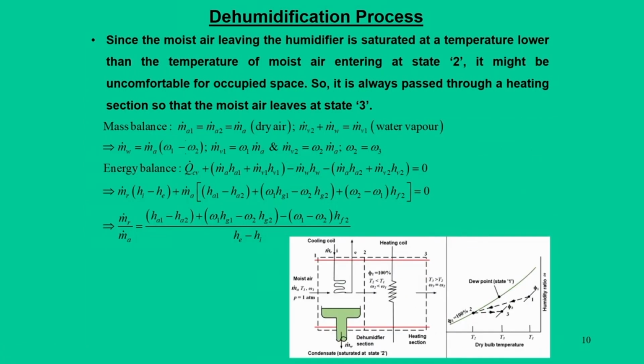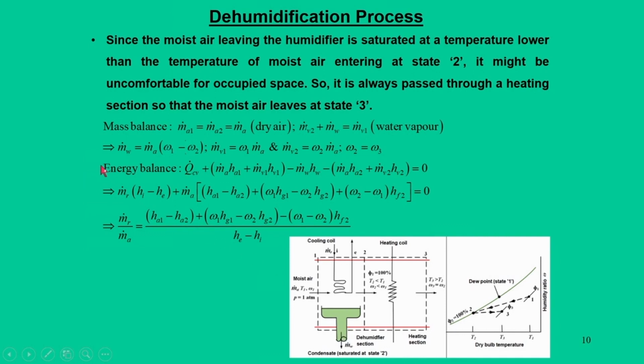For this kind of system we can use similar mass and energy balance equations. First, the mass balance equation for air remains the same. For water vapor it is mv2 plus m dot w equal to mv1. If the water gets out, that is a plus sign, but ultimately the negative sign will indicate that water will come down.